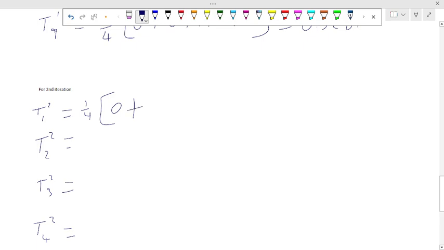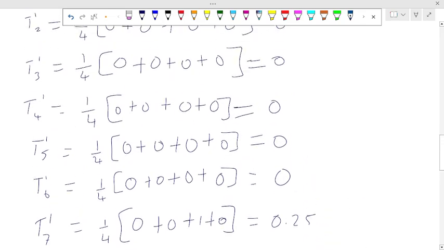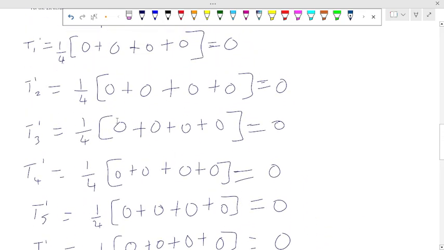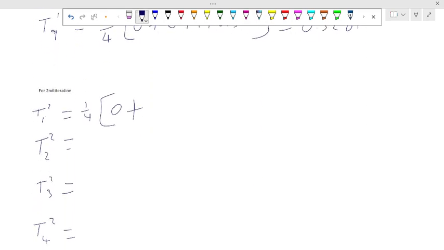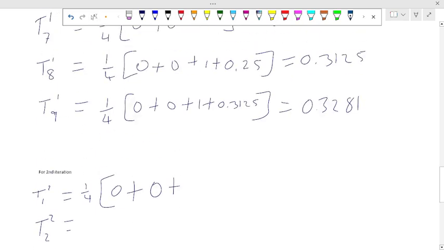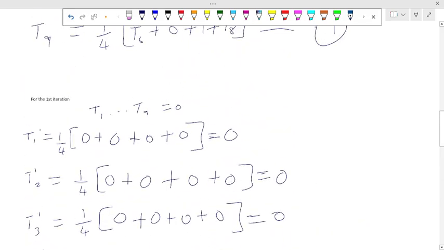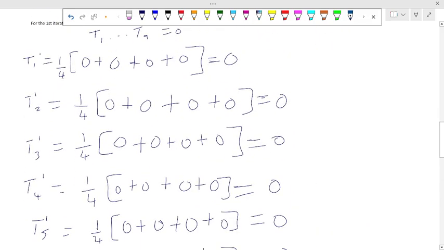Plus the next thing we have is T2. But what is the latest iterative value of T2? 0. So we'll come here and plug in that 0. Then the next thing is T4, and the latest value of T4 is 0.